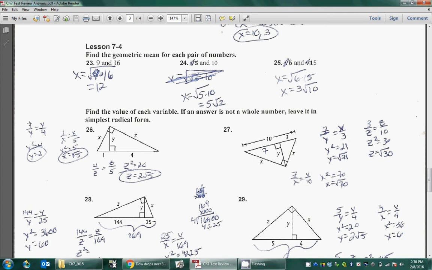Okay. Either way, you're still multiplying 2 numbers, and then since the other cross is y squared, you'd have to take the square root. Okay?